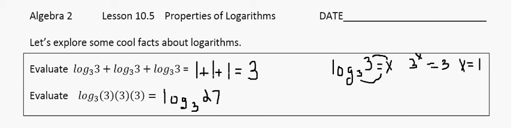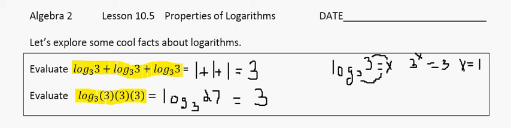Using your flip technique to turn this into an exponential function, we realize that log base 3 of 27 would also equal 3. So these two expressions on our screen are equivalent. Log base 3 of 3 plus log base 3 of 3 plus log base 3 of 3 is equivalent to log base 3 of 3 times 3 times 3.